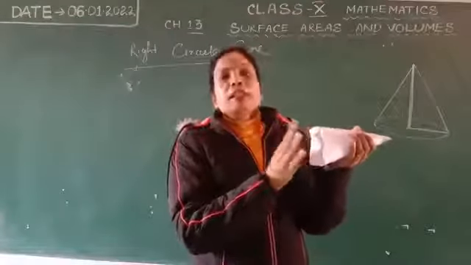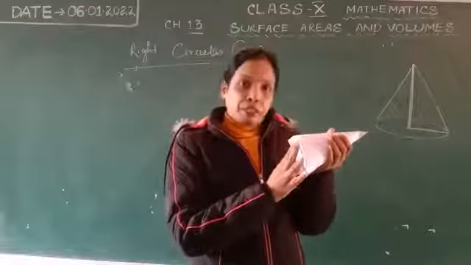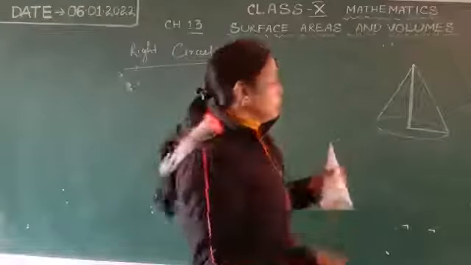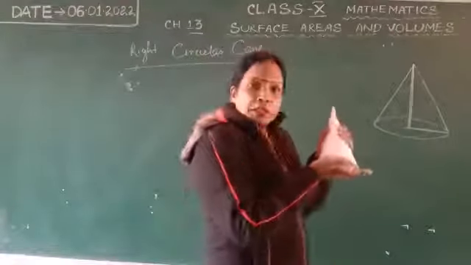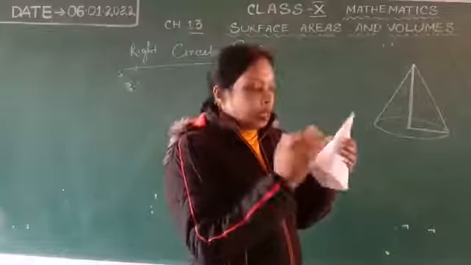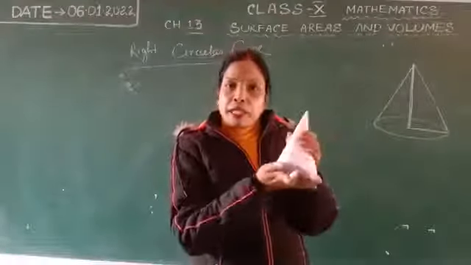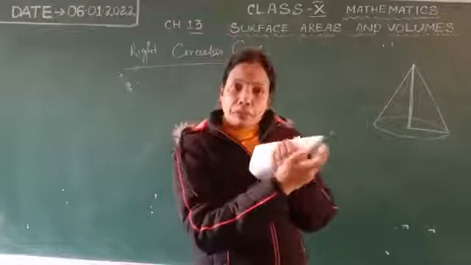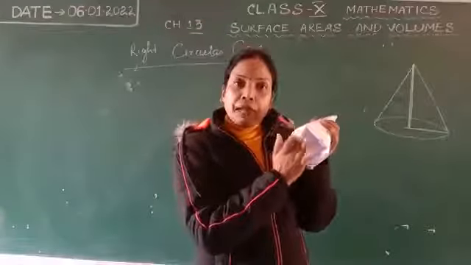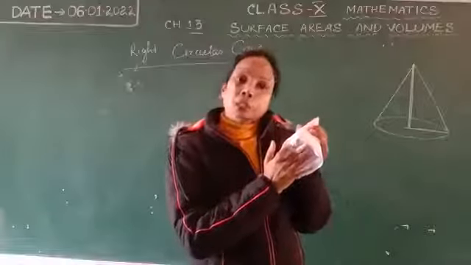This is a flat circle face. So here are two faces. This face is in the shape of a circle, and this is called the curved surface. This is a flat surface and this is a curved surface, but this flat surface is in the shape of a circle.